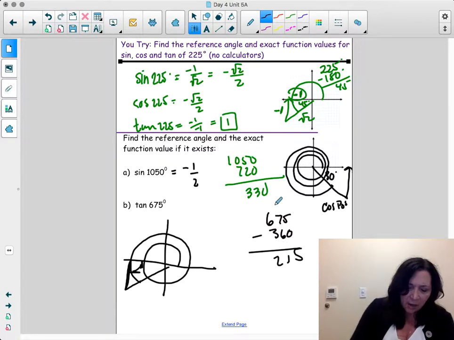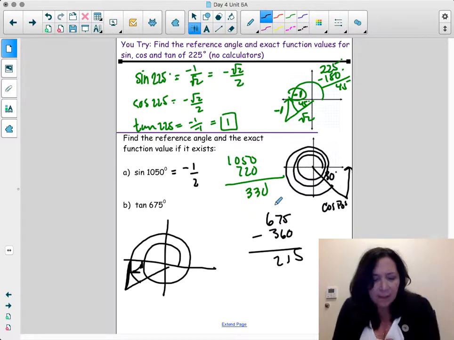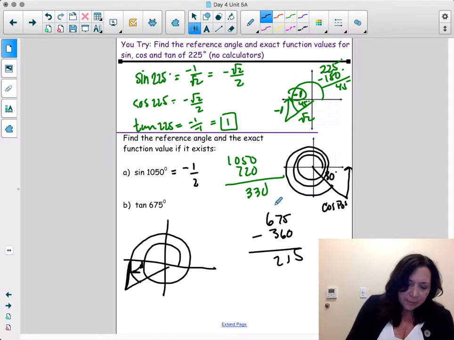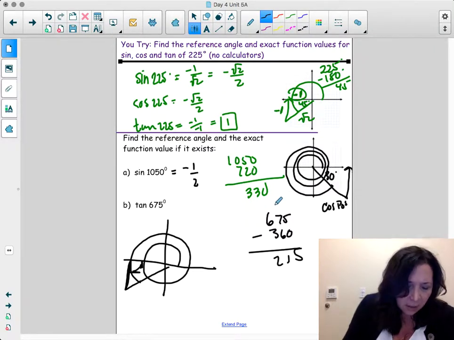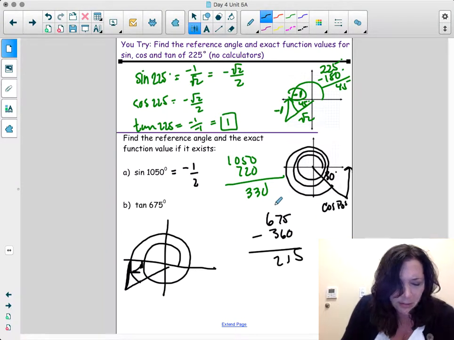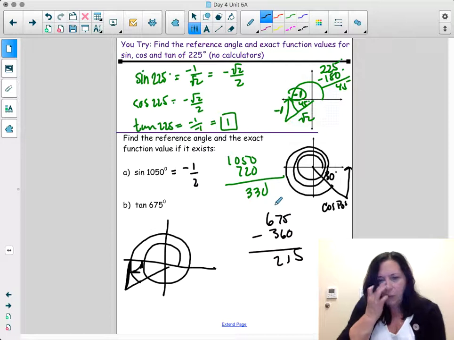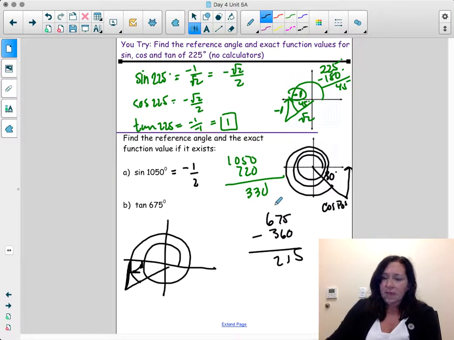So what's 215? Subtract 180, and we get, oh, is that right? Hold on. Where are we at? 675 minus 720. Oh, that's just negative 45. So that should be 45 degrees. It's late. Okay, so here we go.